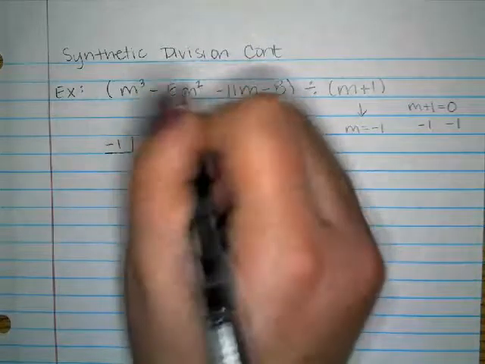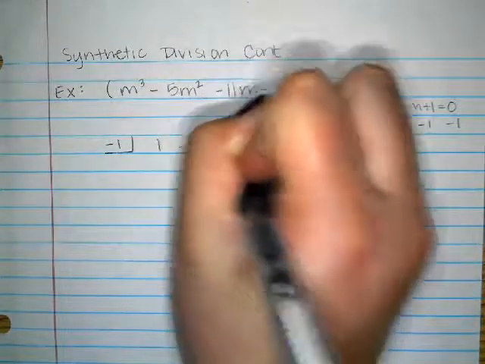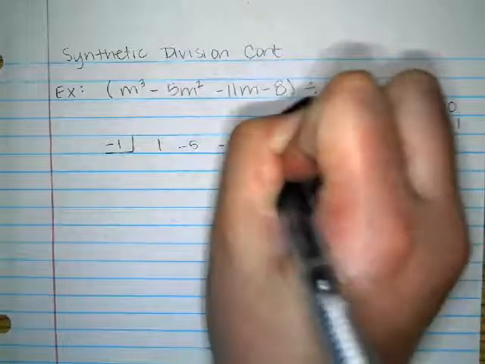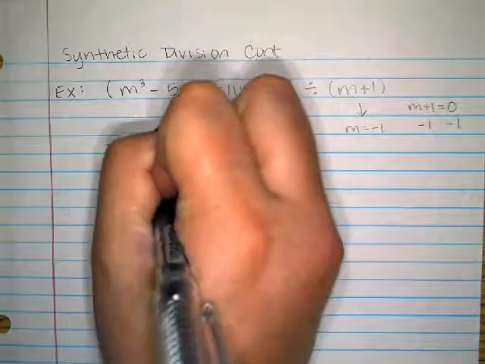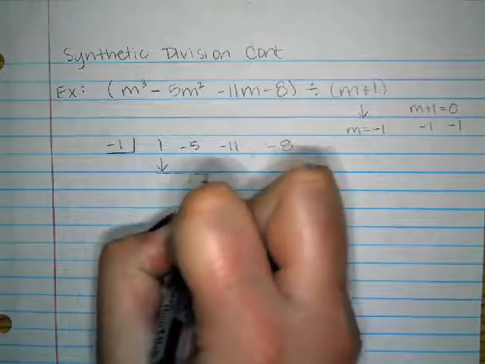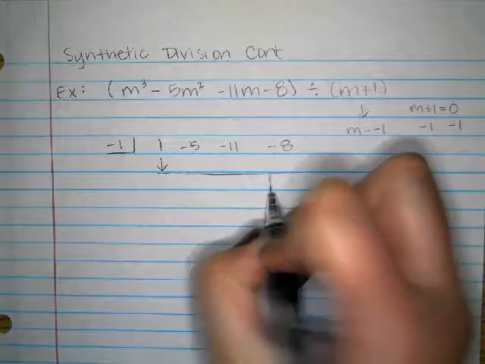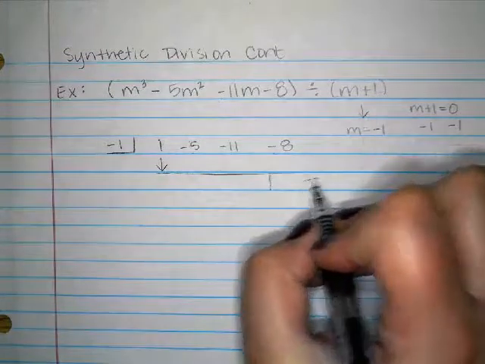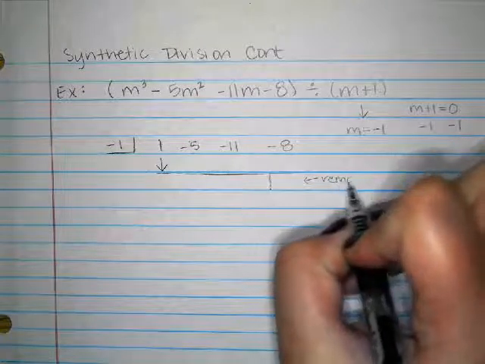And then we've got negative 5, and then negative 11, and then negative 8. And the first term always drops down. And the last term is always where the remainder is. So this part right here is going to be where our remainder comes from.